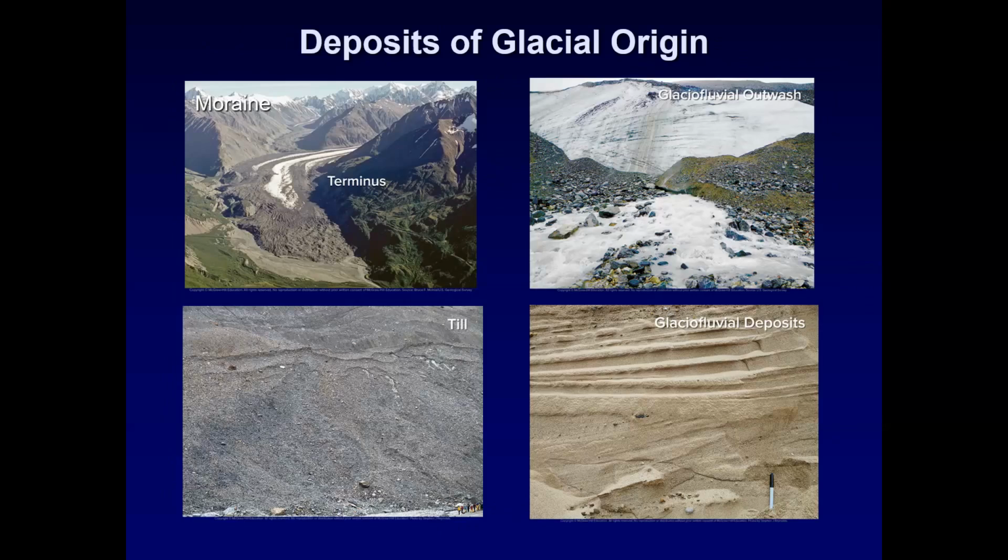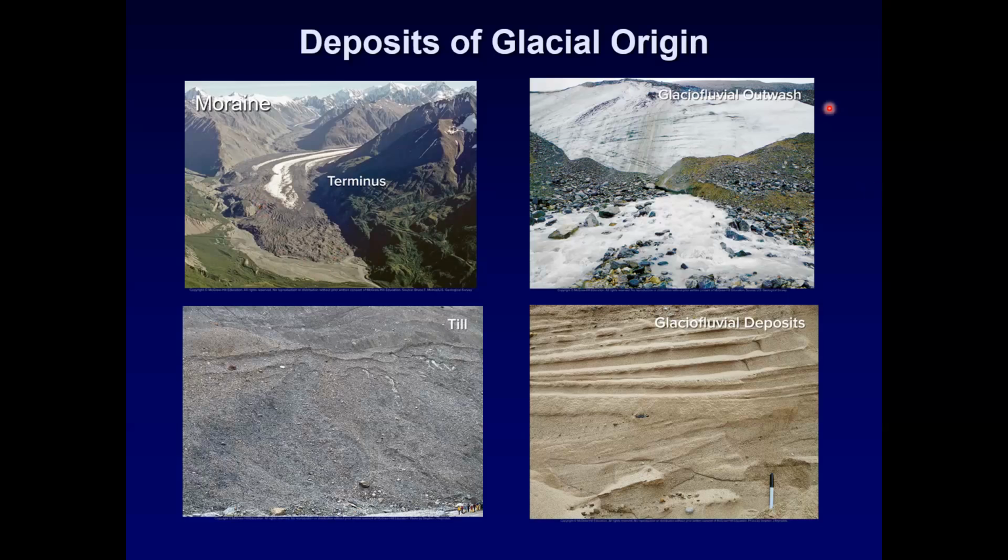I gave you my basic glacial lake deposits. We'll look at these as well. So these are also deposits of glacial origin. This is from valley glaciers in a mountain. You've got this huge fat moraine at the terminus of a glacier.